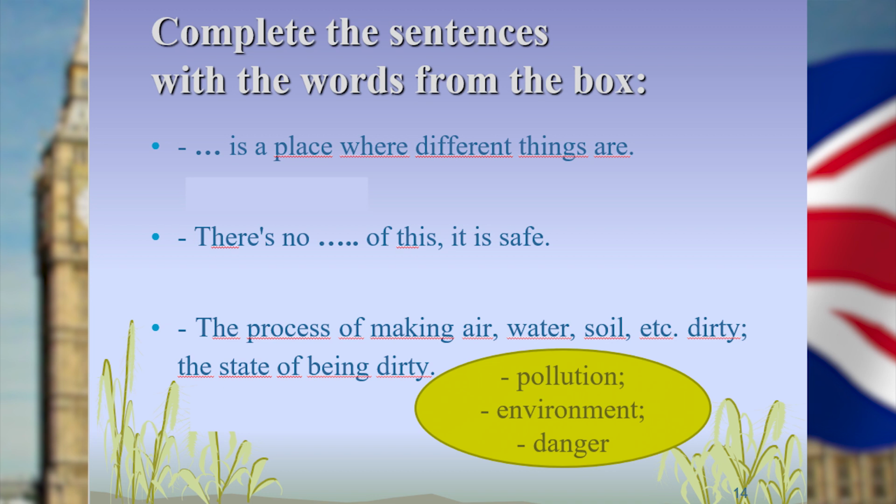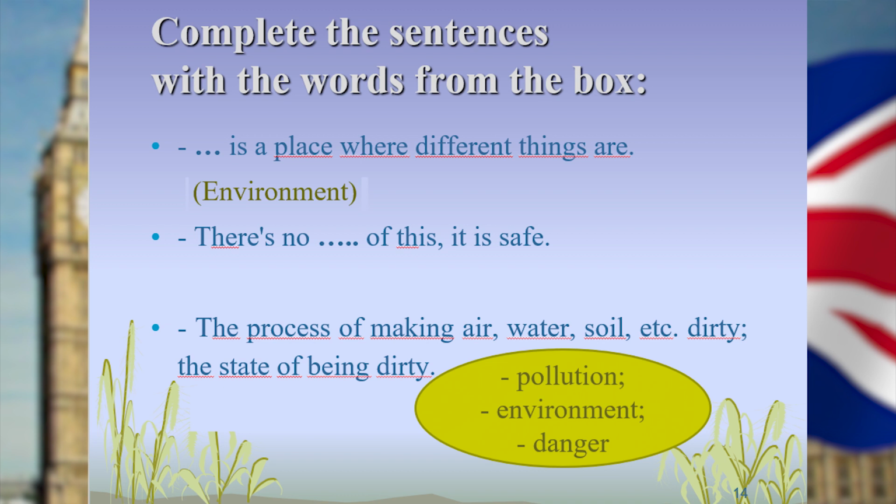Now, your task is to complete these sentences with the words from the box. And these are the words: pollution, environment, danger. So, something is a place where different things are. It is an environment. The next sentence: there is no of this, it is safe.